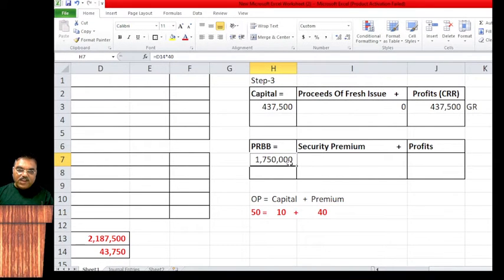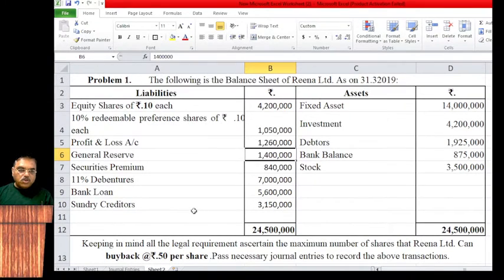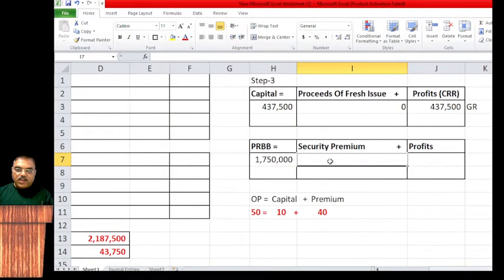So here we are going to pay 17,50,000. First preference will be given to securities premium. How much money is left in the securities premium account? 8,40,000. So we can utilize that 8,40,000 here.